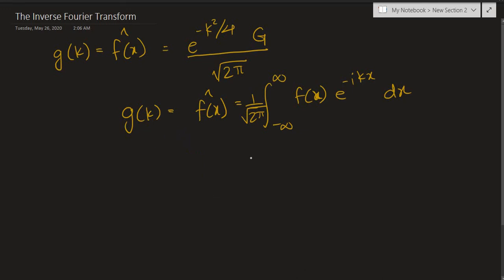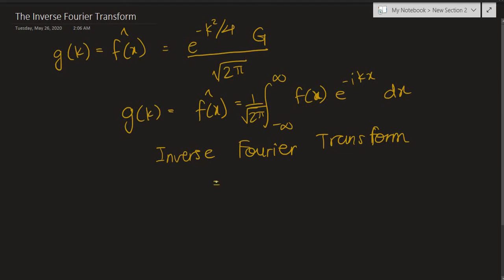So notice that before we inputted a function of x and we got a function of k, for the inverse Fourier transform, we are going to input a function of k and we are going to get back a function of x. So since g of k is the Fourier transform of f of x, the inverse Fourier transform of g of k will again be f of x, right?